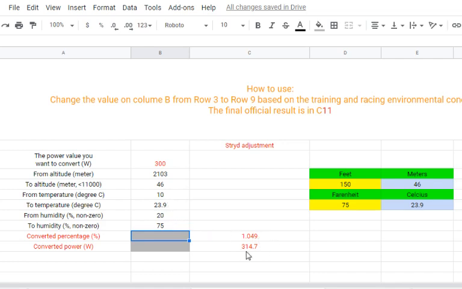So for this person, their CP would be about 314.7. We'll just call it 315 watts at sea level. And then you could use that value for race power targeting or training targets that are done as a percentage of FTP or CP.